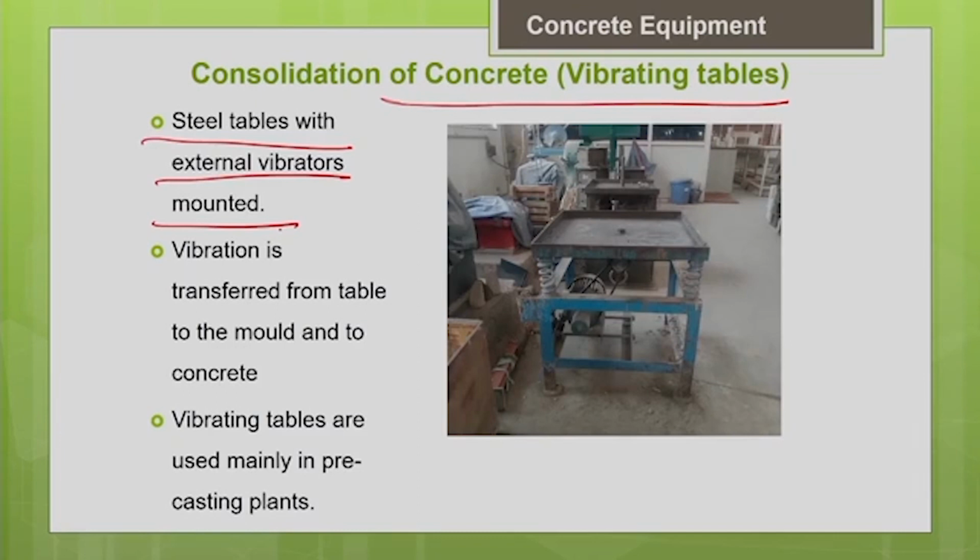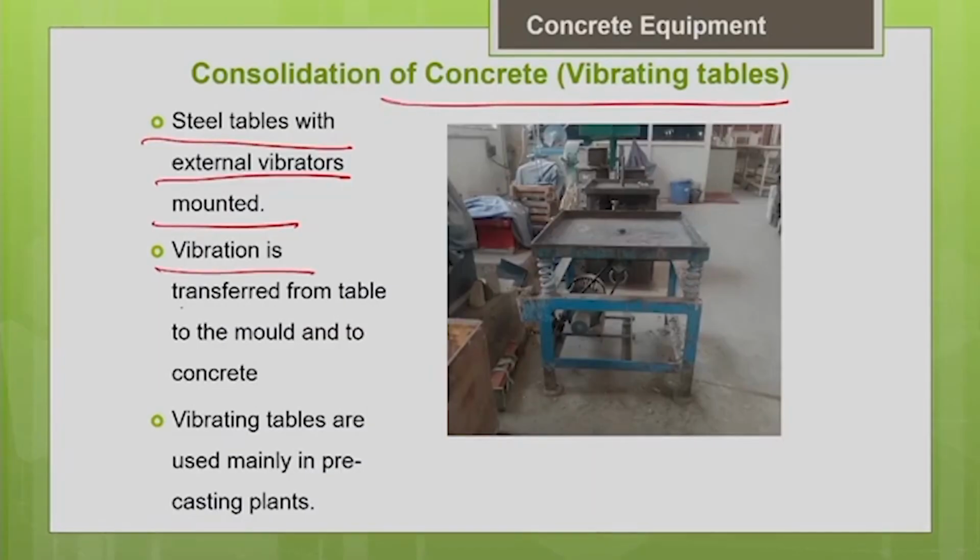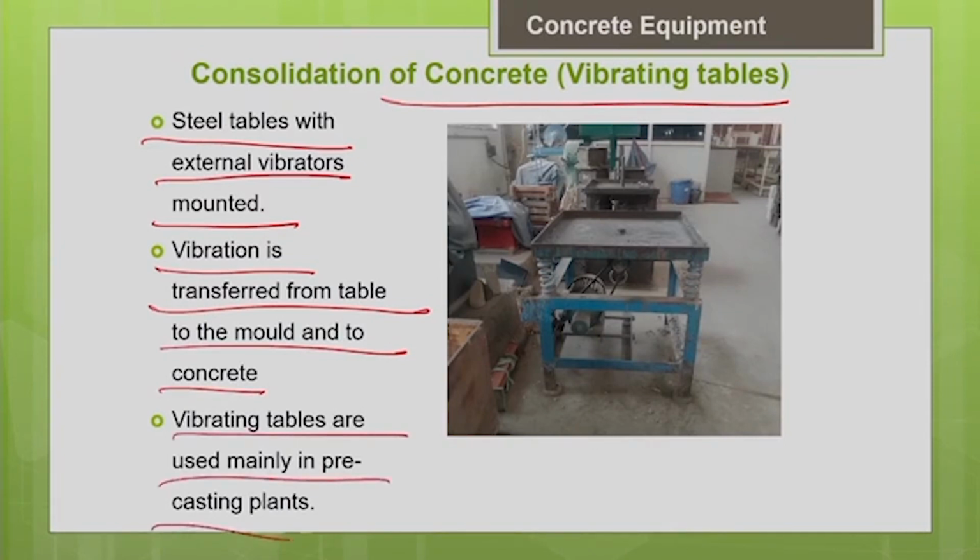Now the table will vibrate. From the table, the vibration is transferred to the mold, and from the mold the vibration is transferred to the concrete inside the mold. So, this is also an indirect way of transfer. Mostly you can see this usage in the precasting plants as well as in the concrete laboratories.